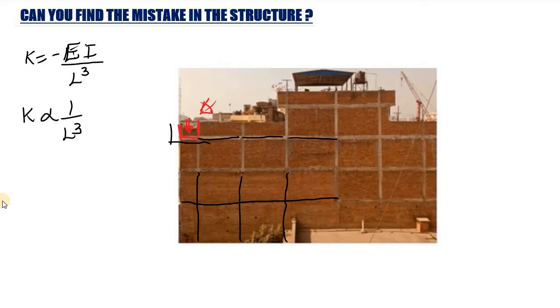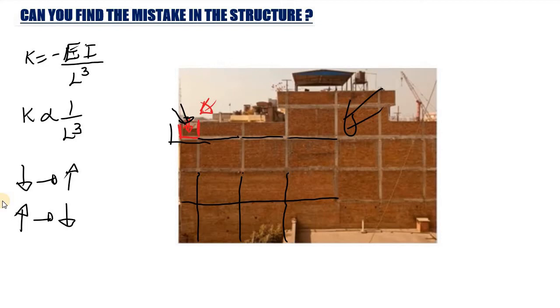So we know that a small span length will lead to higher stiffness, while a higher span length will lead to lower stiffness. Because this part of the beam has a small span compared to this other part of the beam, this side of the beam is going to produce higher stiffness.